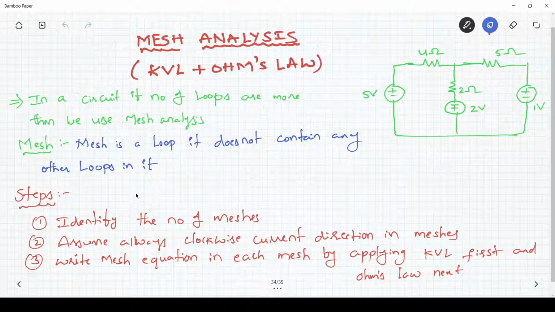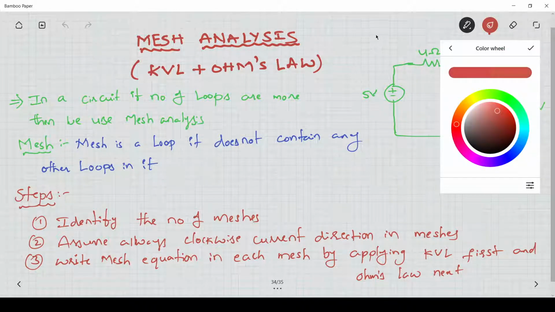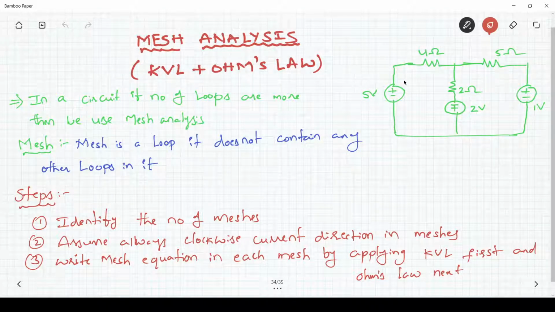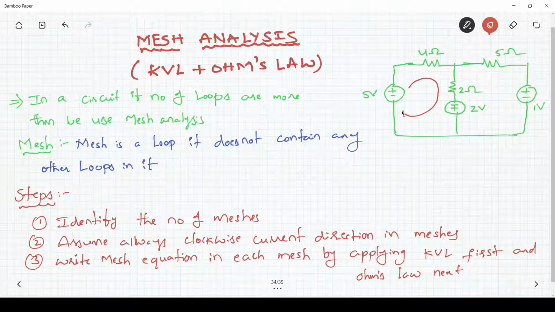What is the second step? You have to assume clockwise current direction. I am assuming clockwise current direction in each mesh.